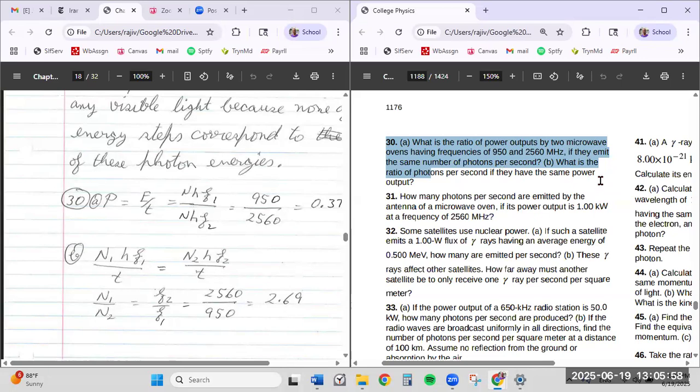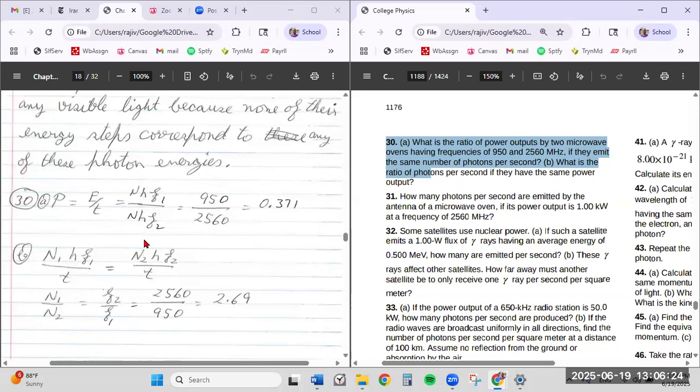If they emit the same number of photons per second, what is the ratio of photons per second if they have the same power output? So in the first case, the number of photons is the same, and in the second case, the power output is the same. So first we have to calculate the power output and then the number of photons.